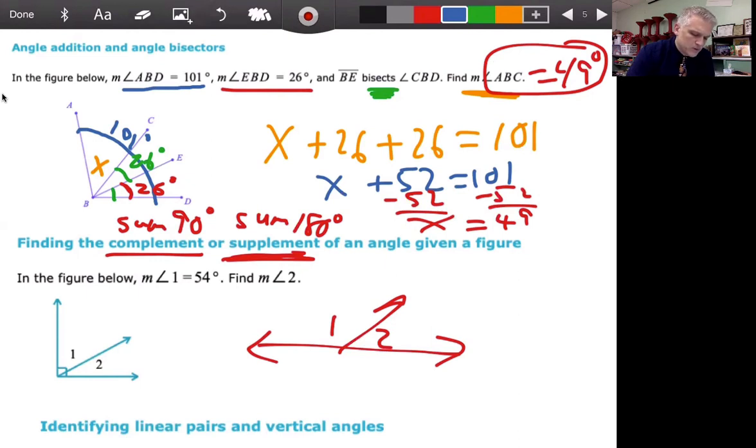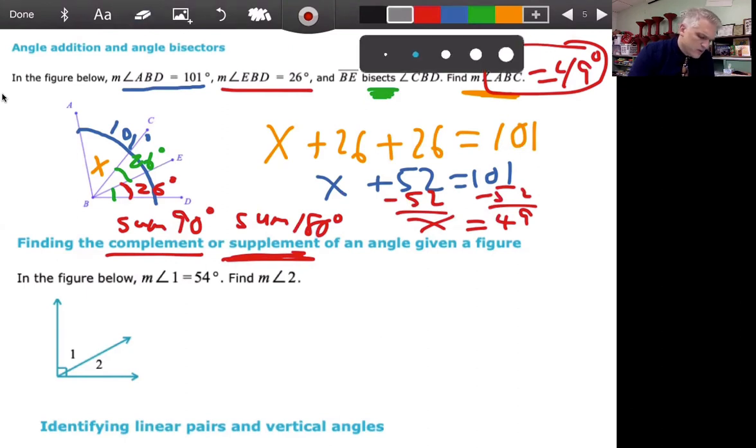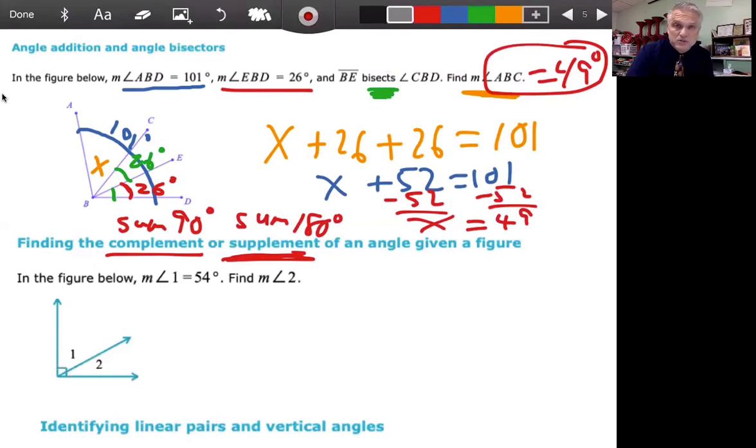Well, in the question that we have here, we have an angle that has this little box. That little box indicates it's 90 degrees. It's a right angle box. So angle 1 plus angle 2 add up to 90 degrees. So the measure of angle 1 is 54 degrees, plus the measure of angle 2 is going to equal the big angle.